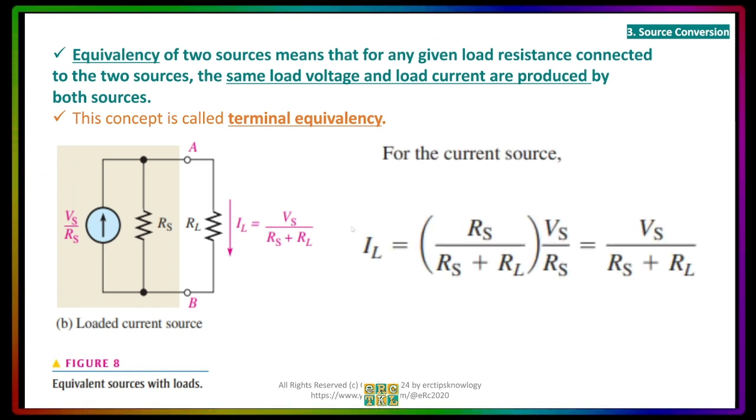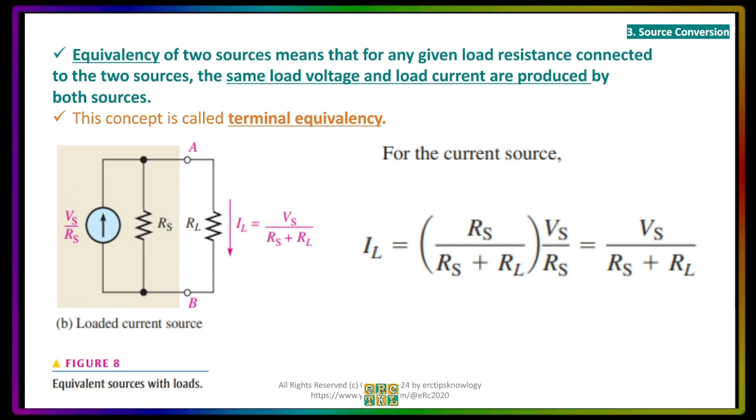To show it to you, if we use the current divider rule, we will say that Rs over Rs plus RL times Is will be the IL. But Is is Vs over Rs, right? So we can cancel the Rs in the numerator and the Rs in the denominator, and it would give us the same IL formula, which is Vs over Rs plus RL.